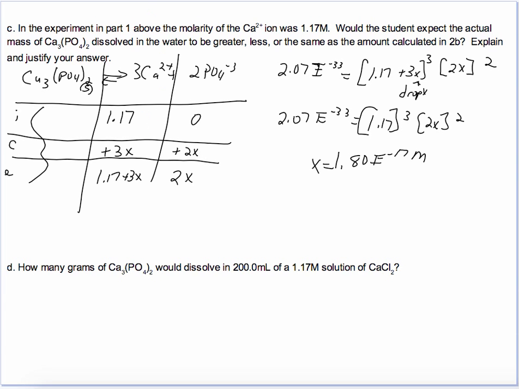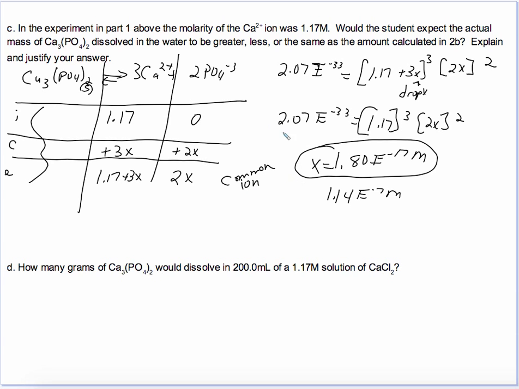Now this is the molar solubility when there's already calcium in the water, not pure water. If we compare 1.80 e to the minus 17 to the other problem in pure water, where it was 1.14 e to the minus 7 molar, you can see it's much less soluble in the calcium because of the common ion effect.